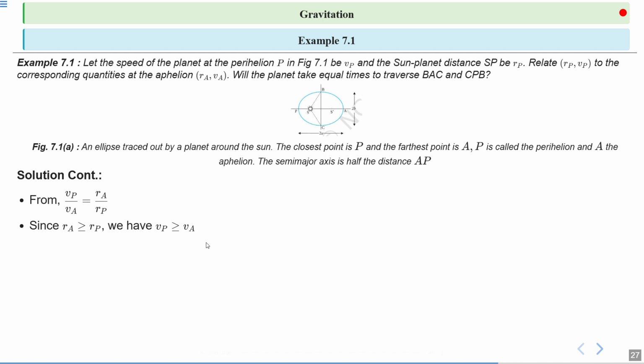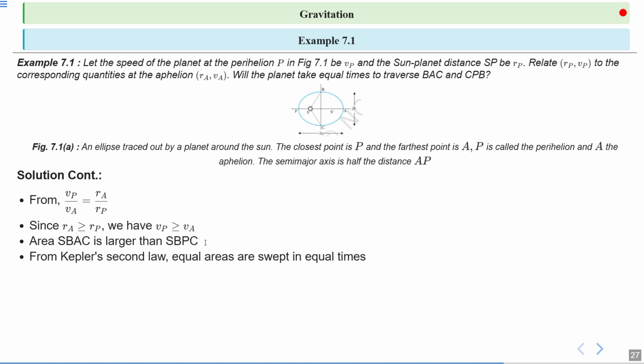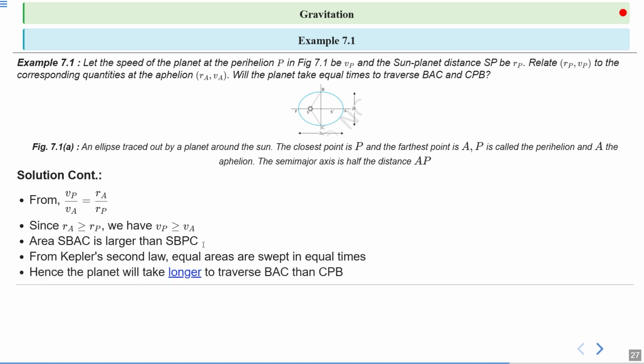This means the planet moves faster when it is closer to the sun, and area SBAC is larger than SBPC. So from Kepler's second law, equal areas are swept in equal times. Hence the planet will take longer to traverse BAC than CPB.